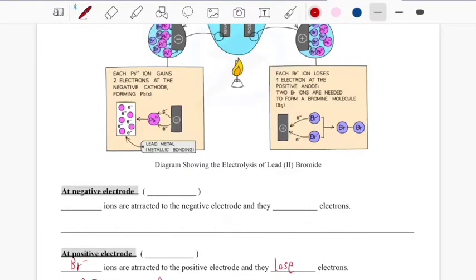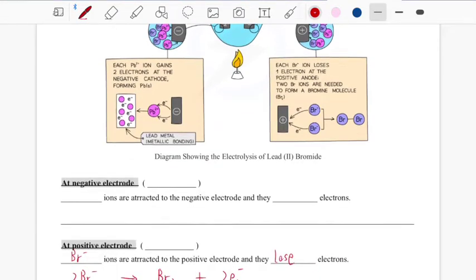Remember to balance the number of atoms by adding a 2, and then we also need to balance the charge, so we need 2 electrons on the right-hand side. And lastly, don't forget the state symbol. Because they are in molten state, we should write (l) for liquid instead of (aq). There is no solvent in it, remember, so it's just (l). Since it loses electrons, it undergoes oxidation, hence it can also be called the anode in this cell.